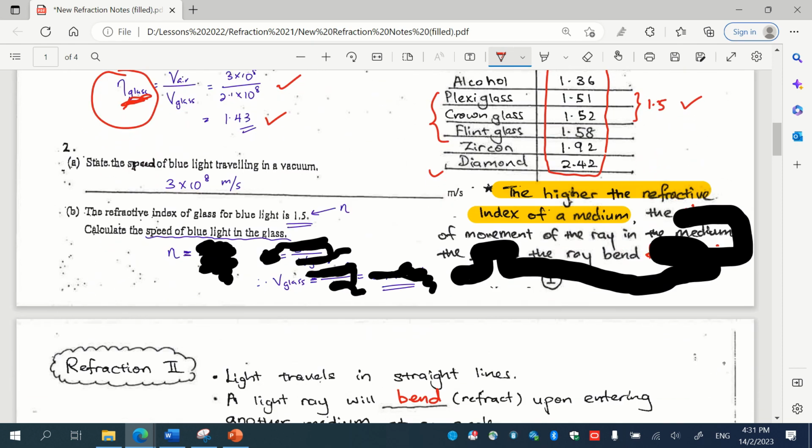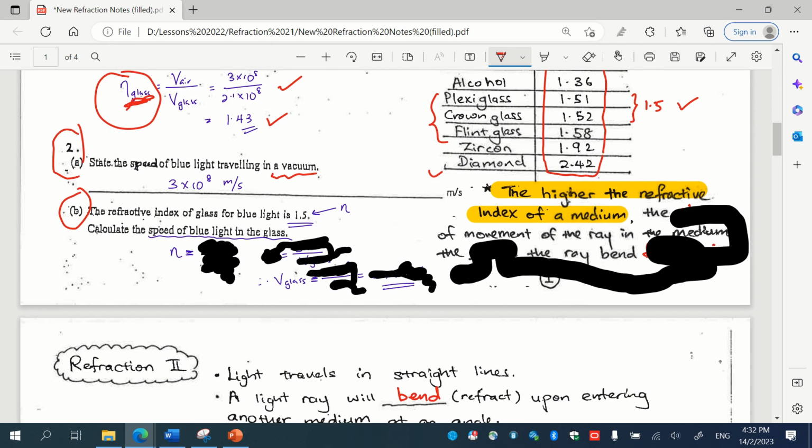Now, in the class today, we also did this example 2A and 2B. In 2A, you are tested whether you have memorized this figure well. The speed of light in vacuum, which is also equivalent to that in air, is 3 times 10 to the power 8. Then you use this figure in part B. This time, you are given the refractive index 1.5 of the glass.